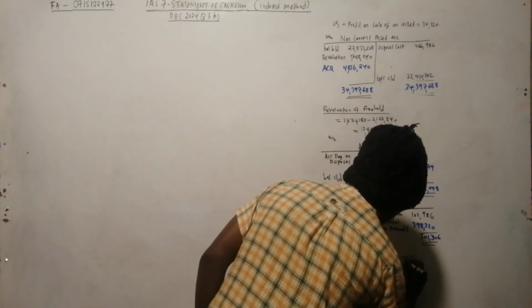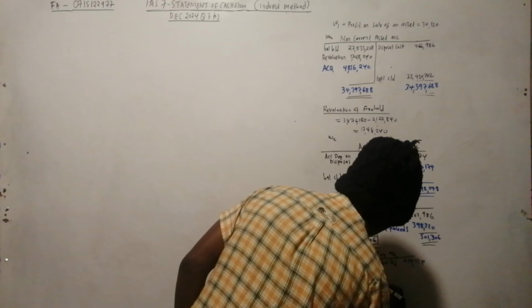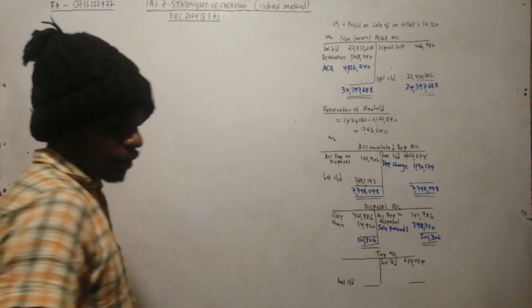So the tax at the beginning is 674,024. And then the balance at the end is 627,250.